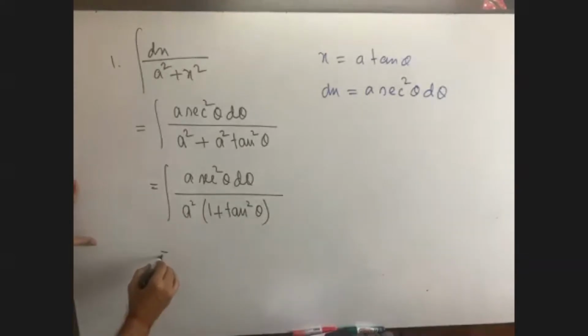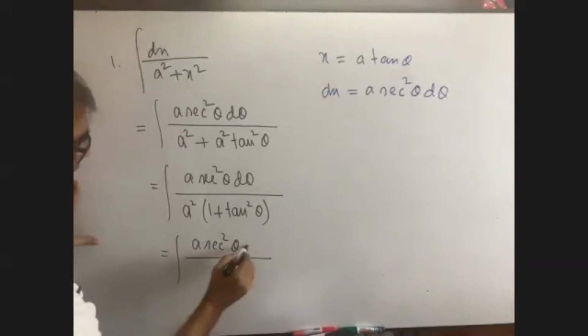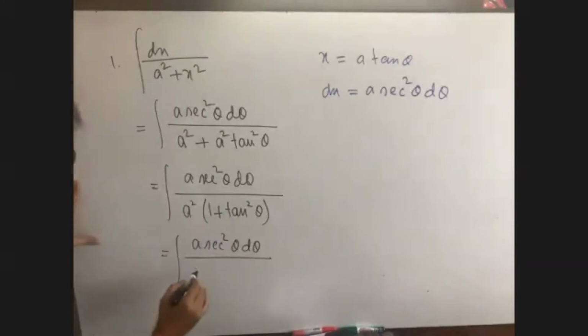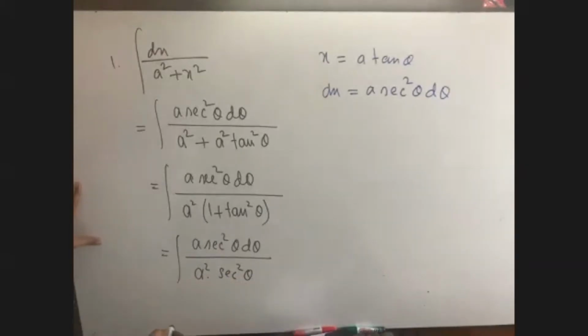That means we are getting here a sec square theta d theta over a square. You see what is here? Only sec square theta. Is it? Yes sir. Okay, that's good.